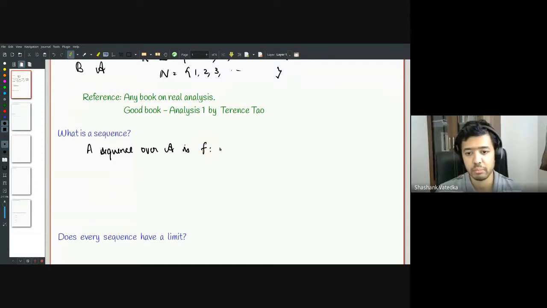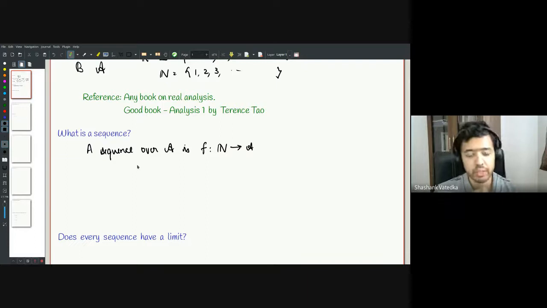It is a map from the set of natural numbers, 1, 2, 3 up to infinity, to this particular set. So this is one way of looking at a sequence, but more intuitively, it is just an ordered collection of objects from the set A.